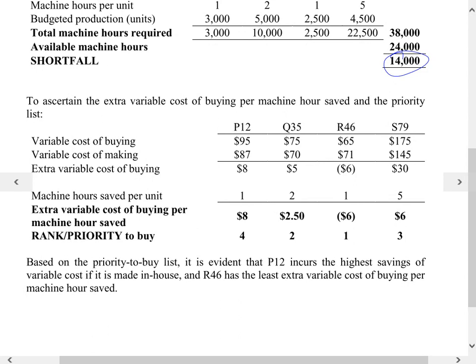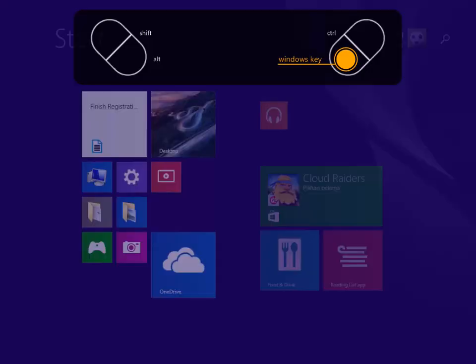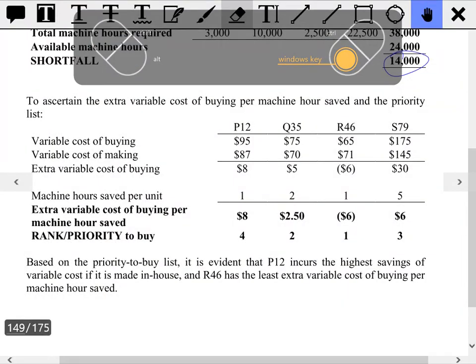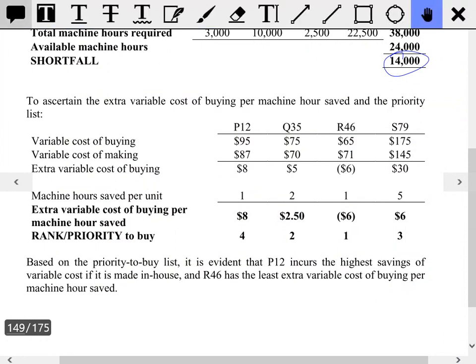This one is the wrong way round, but it doesn't matter, because eventually we still have to decide here. So change this: extra variable cost of buying. That is just savings per unit. Every unit I save $8. But if you read nicely, extra variable cost means if I buy, I have to pay extra 8. If I make, then I save 8. That's why savings per unit is easier.